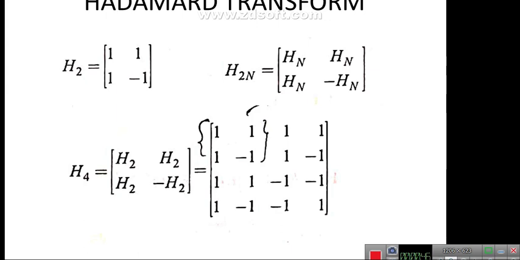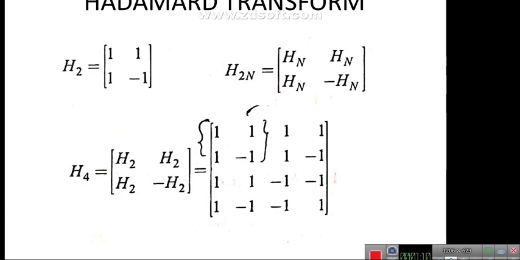First, H2. This is the fixed coefficients for H2: 1, 1, 1, minus 1. Now to obtain the Hadamard transform matrix for n equal to 2, we can obtain H4, 2 into 2, 4, which is equal to this; just substitute n equal to 2. So H2, H2, H2 and minus H2. Already we have the coefficient values for H2.